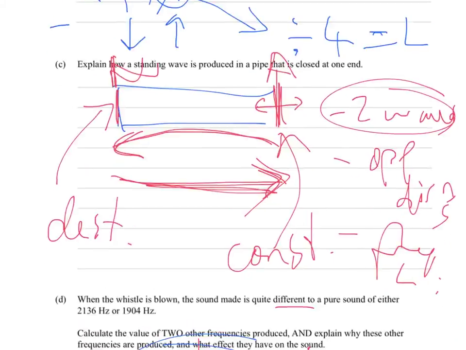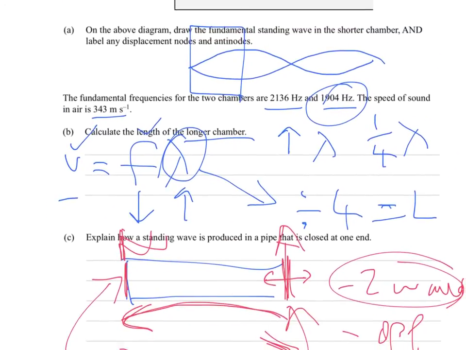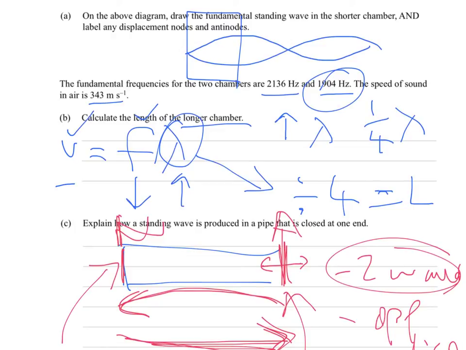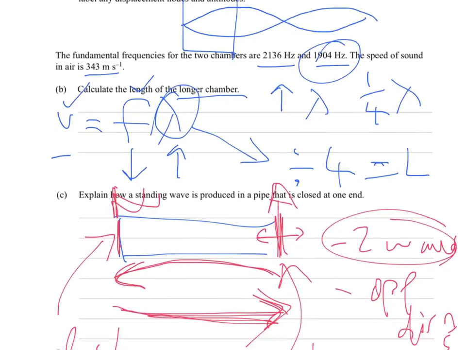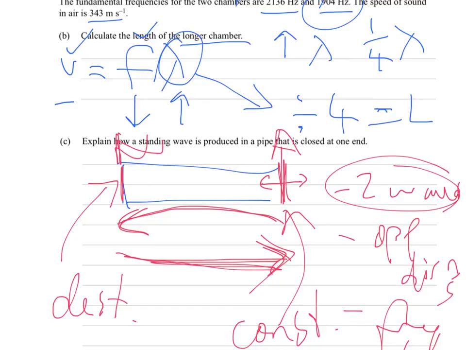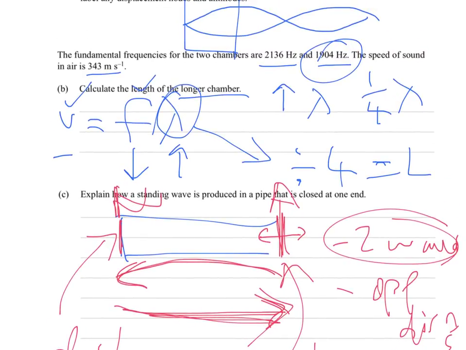If we go right back to our earlier question B, we calculated the length of the longer chamber. Now with that same length, we could use the same method to calculate the length of the shorter chamber using that frequency, so we can calculate both the lengths.